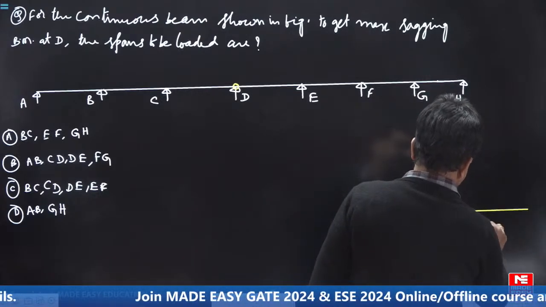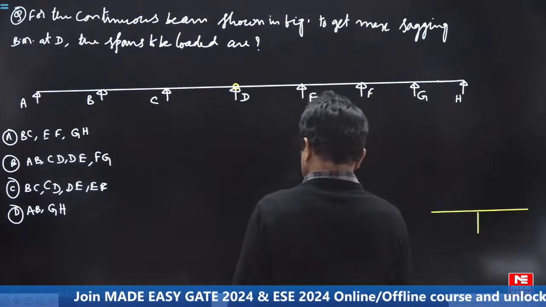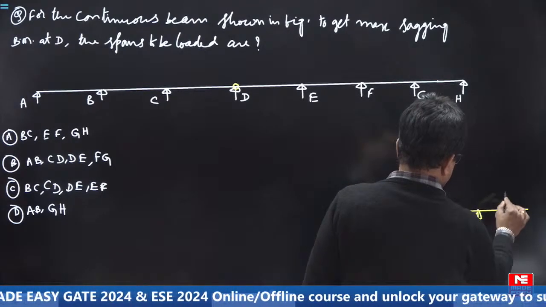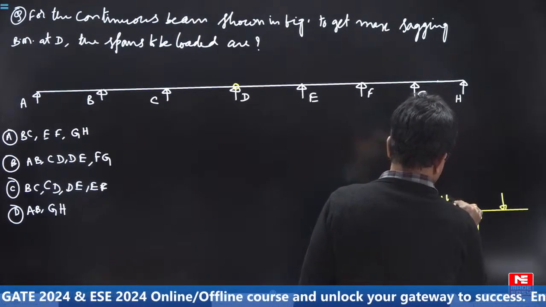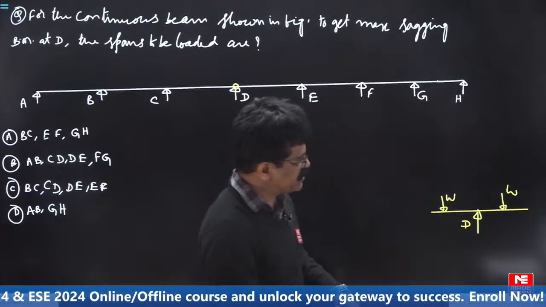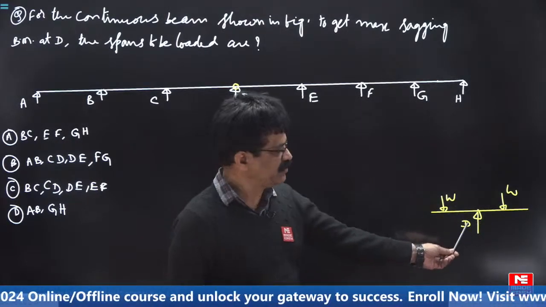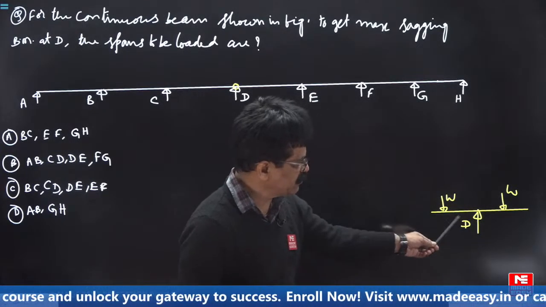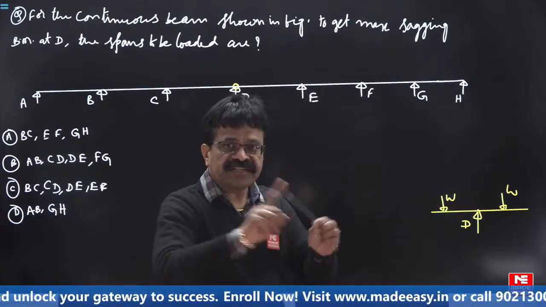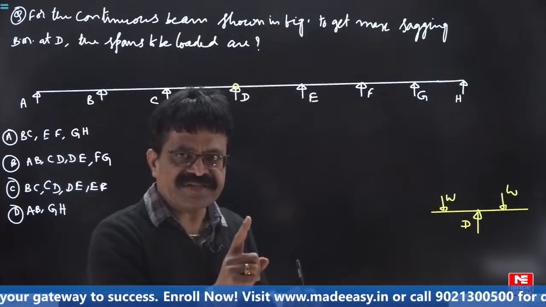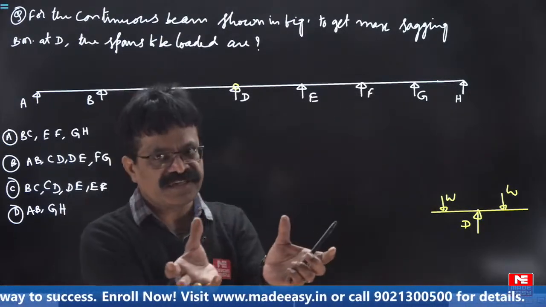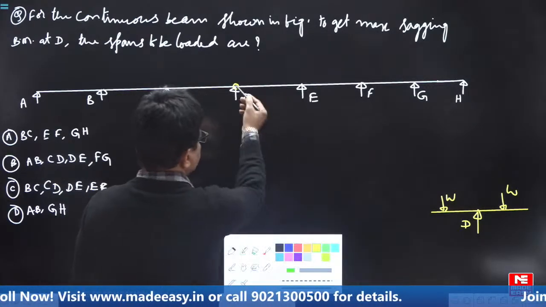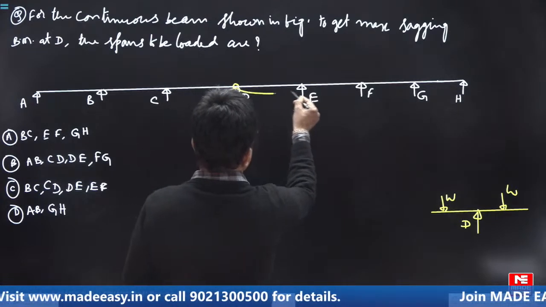if we have a beam like this, say, how to build the ILD I am showing, this is D or any other point. If the load is on the intermediate support's adjacent span, say downward, then it will hog. On the adjacent span of the intermediate support, if loads are there, it will only hog. That means for adjacent spans, you must draw a negative ILD like this, it should go downwards like this.